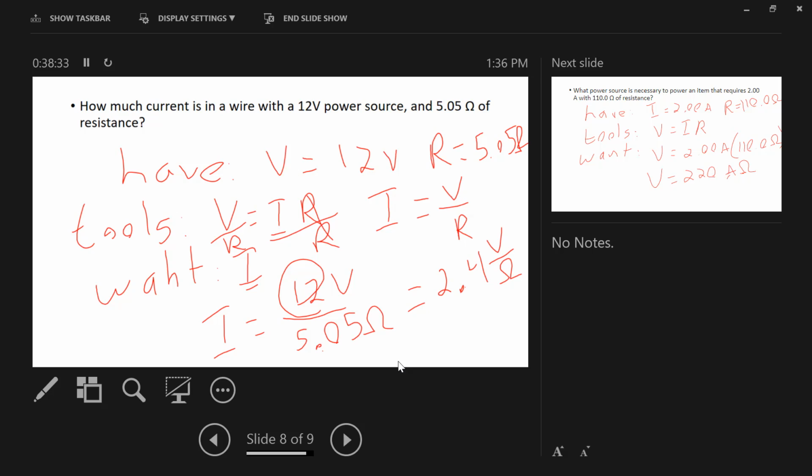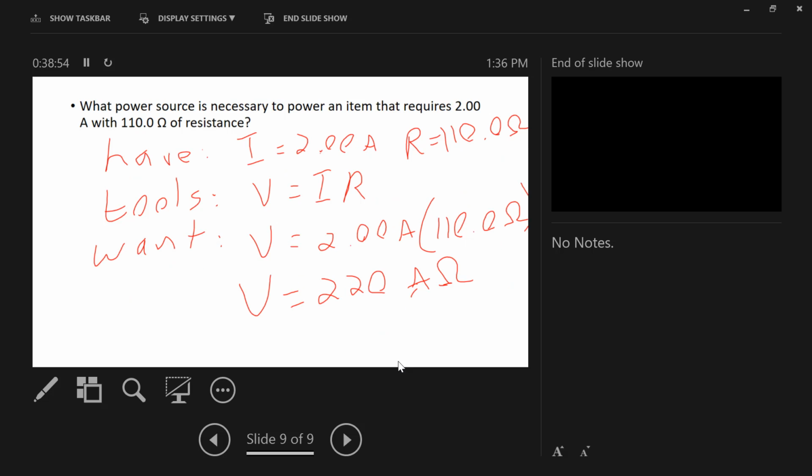Okay? Any questions on this one? Straightforward enough? Okay. What does that actually mean in terms of current? We don't exactly know because it's not given to us in coulombs per second. But algebraically, it's not entirely impossible to do.